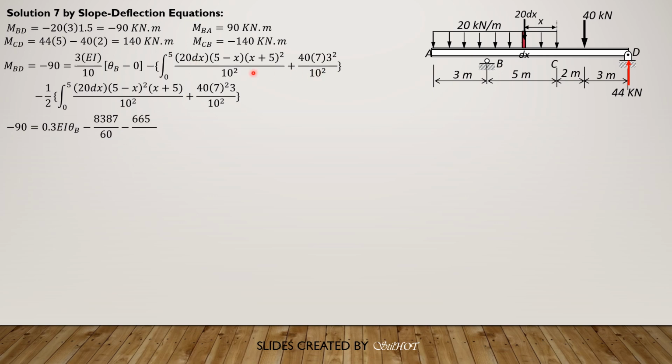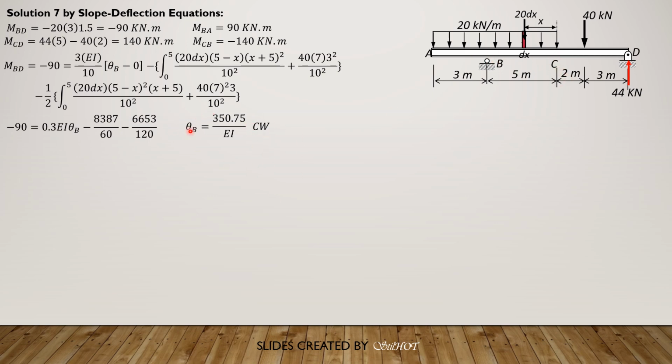Then the value of this integral is negative 8387 over 60, while minus 1/2 of this quantity here is minus 6653 over 120. So from there we can solve theta B, which is equal to 350.75 over EI, and because this is positive, it is clockwise, because in slope deflection equation, clockwise is positive. Clockwise rotation of the chord is positive.